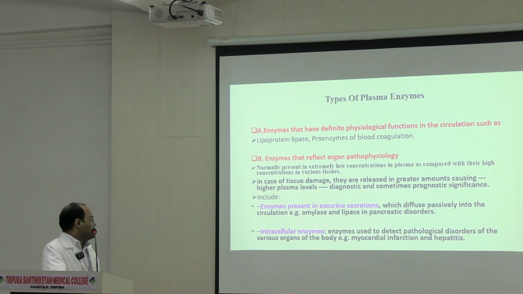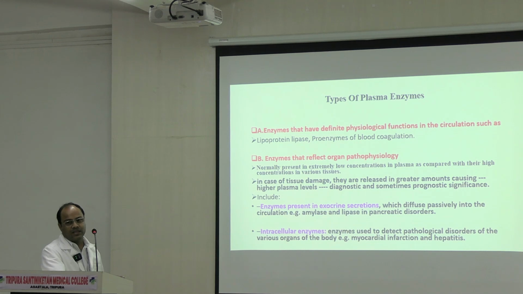This includes enzymes present in exocrine secretions like the pancreas. The pancreas has 2 glands, one is exocrine pancreas, one is endocrine pancreas. Exocrine pancreas secretes amylase and lipase, and endocrine pancreas secretes what? Any idea?